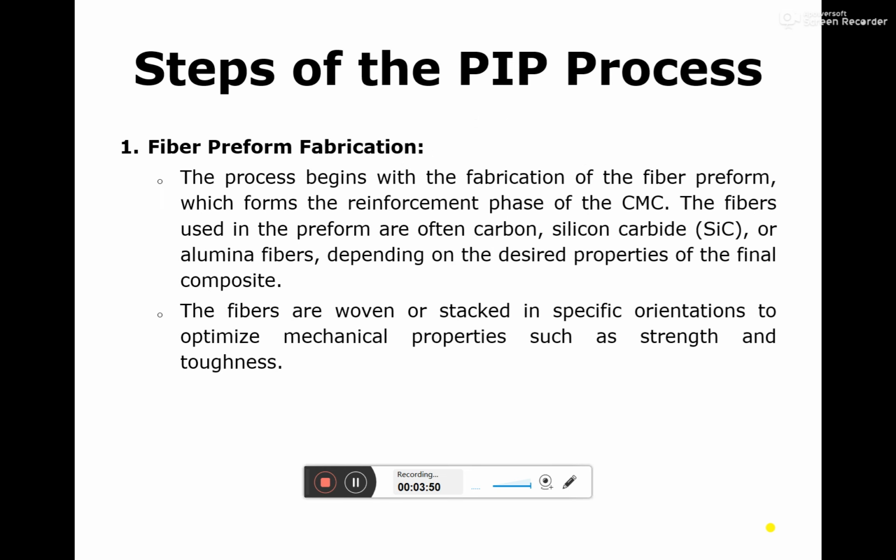What are the steps in this polymer infiltration and pyrolysis process? The first step is to produce the fiber preform. This process begins with the fabrication of the preform, in whatever shape you require.